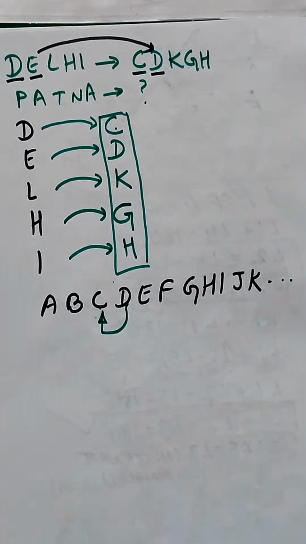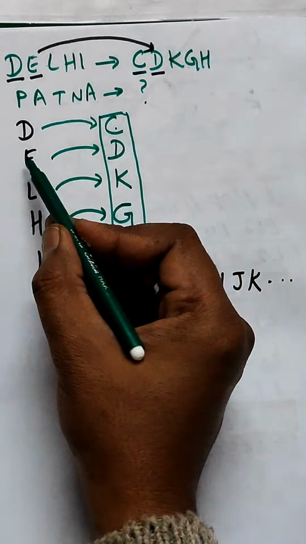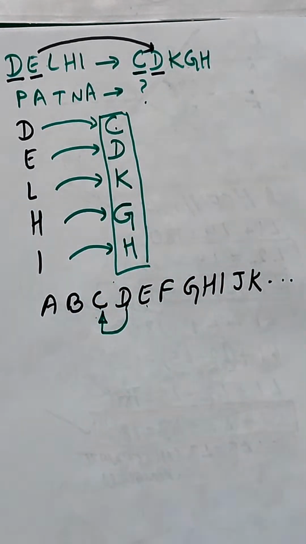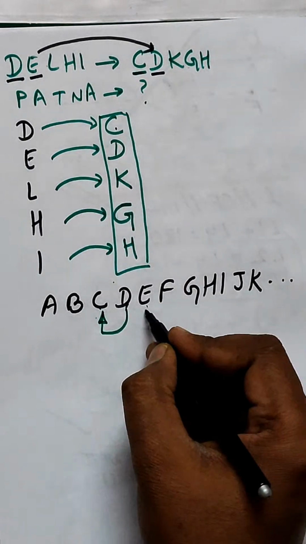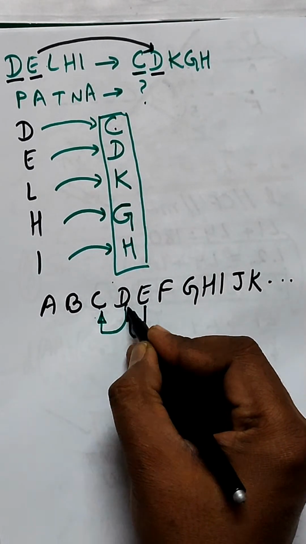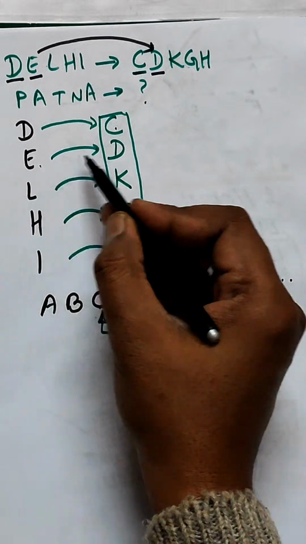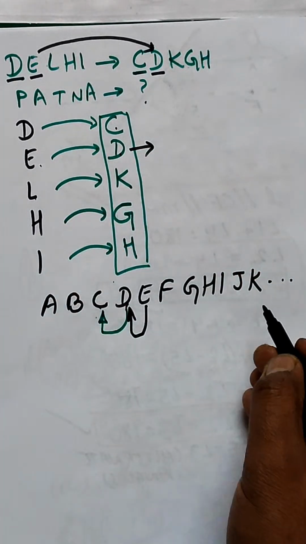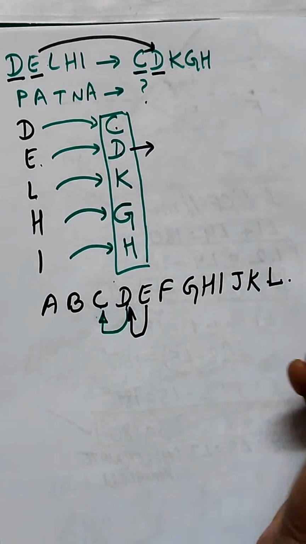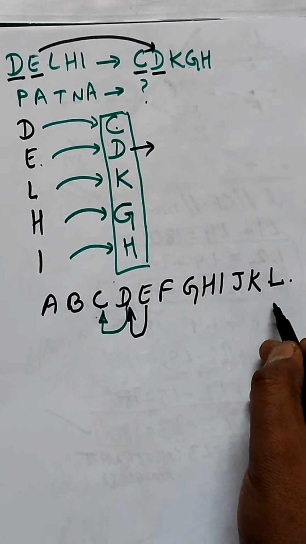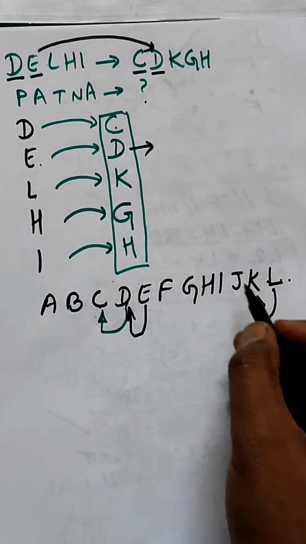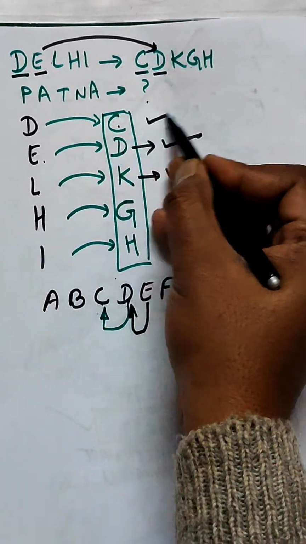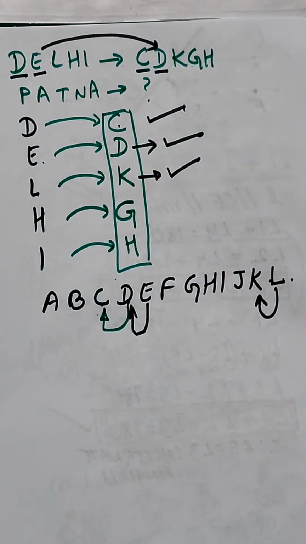This one, C. If E is there, we have to write what? D. You can see. If L is there, so let's say after K this is L. If L is there, we have to write what? K. So this all sequence is given to you.